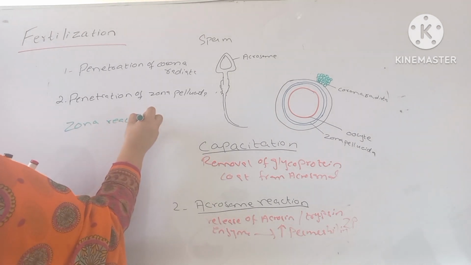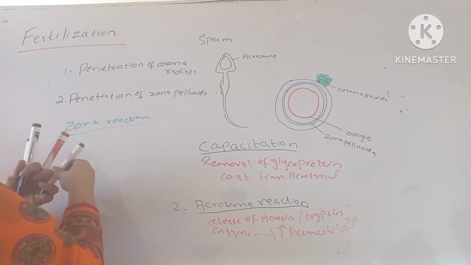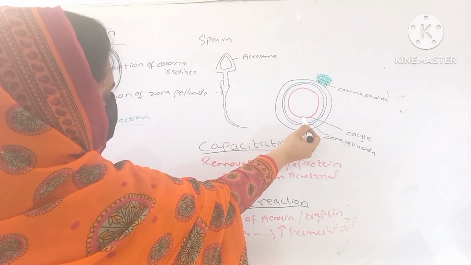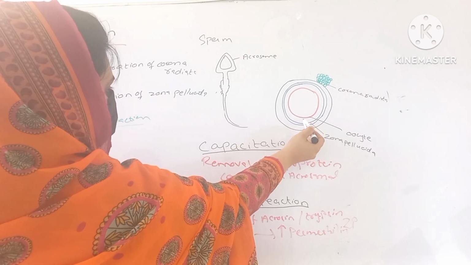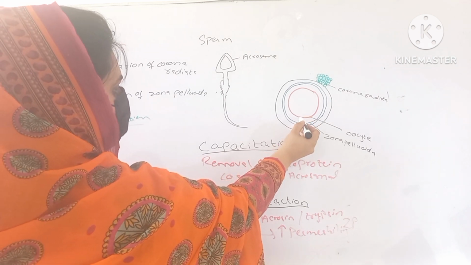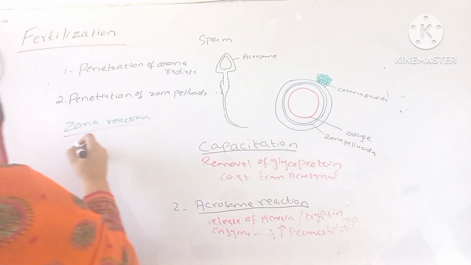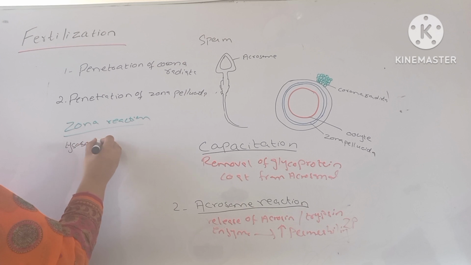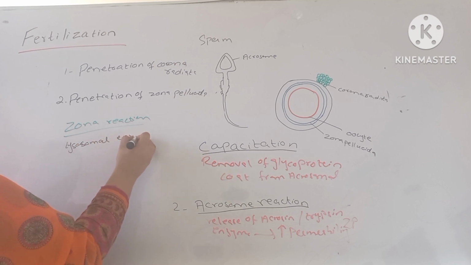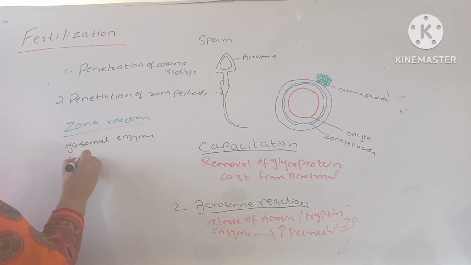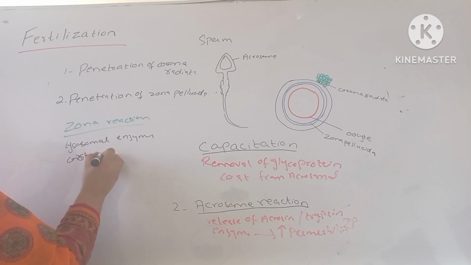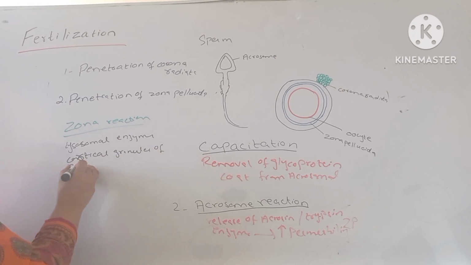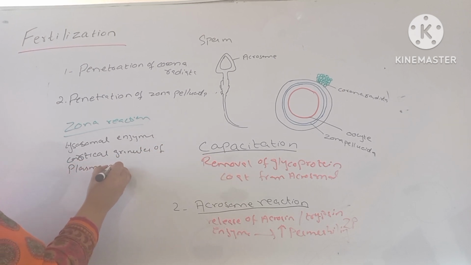Why? Because as one sperm comes in contact with the plasma membrane of the oocyte, there is a release of lysosomal enzymes from the cortical granules of the plasma membrane of the oocyte.